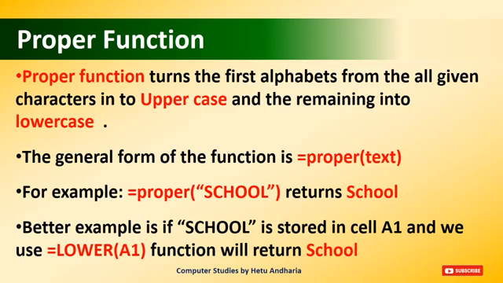So we can also say that proper function turns the first alphabet from all the given characters into uppercase and the remaining into lowercase. The general form, that is syntax, is equal to proper into bracket text or cell reference. For example, if you want to convert this capital school, you have to type what is given here. It will convert it into S capital, remaining letters small of the school.